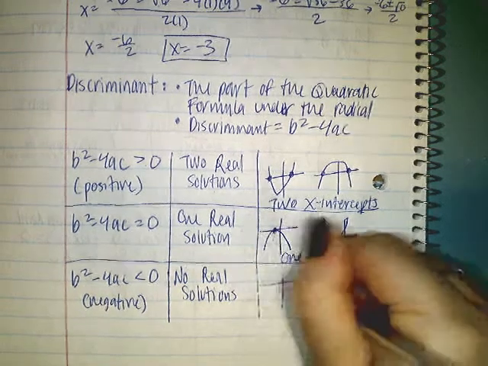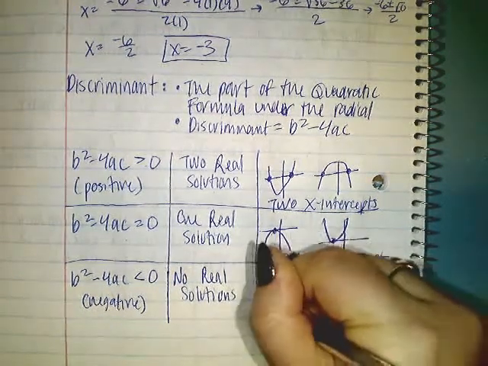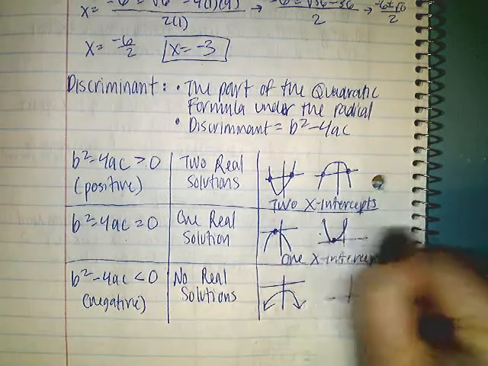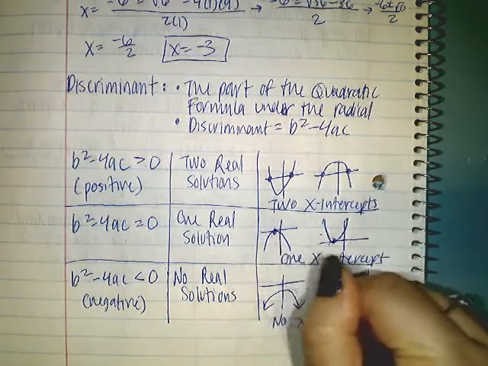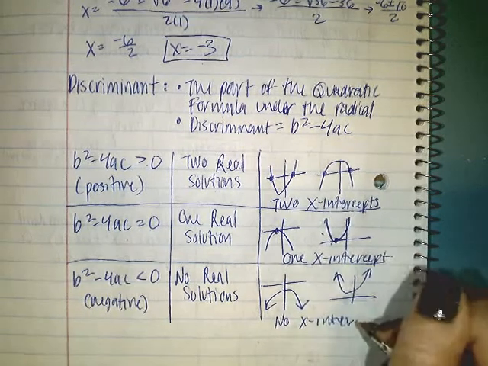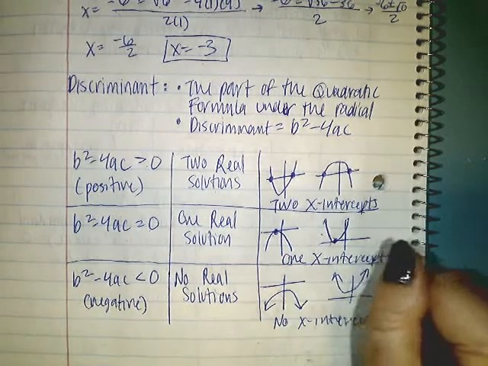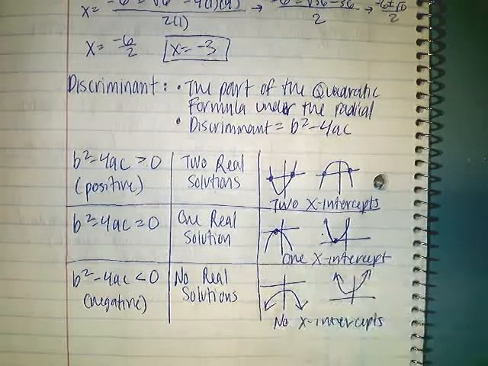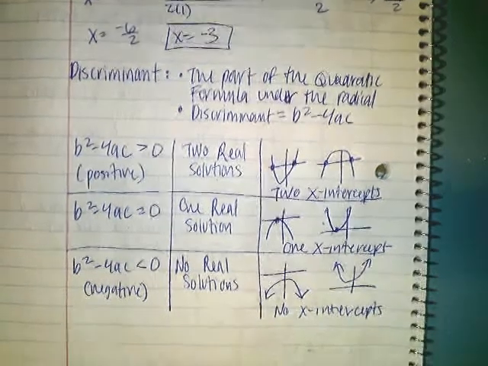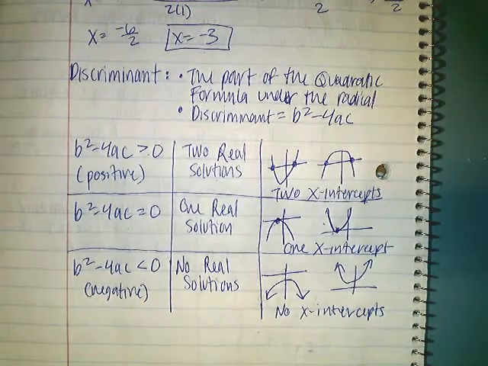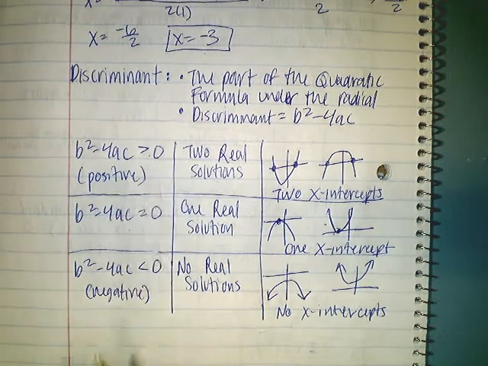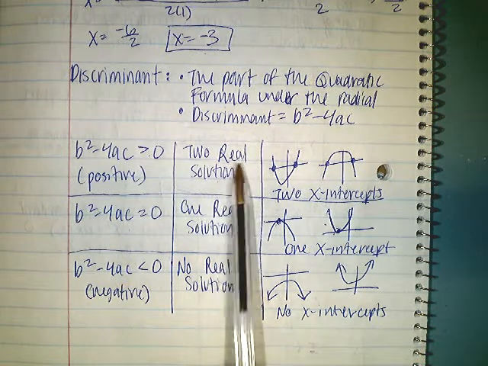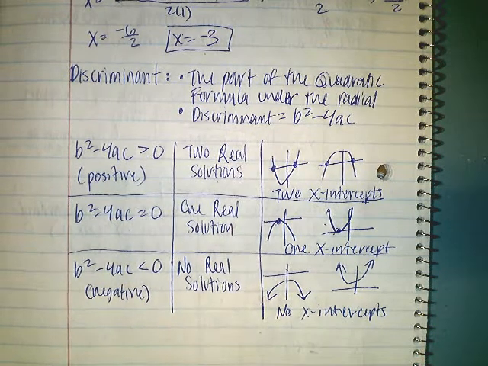What that ultimately means is we have no x-intercepts, so our graph is entirely above or below the x-axis. So those are 3 situations to pay attention to. If the discriminant is positive, equal to 0, or negative, you end up with 2, 1, or no x-intercepts.